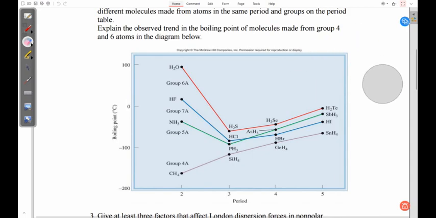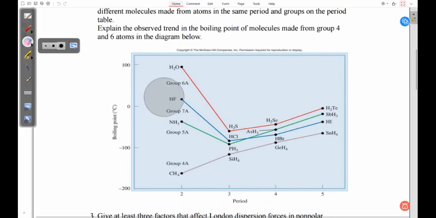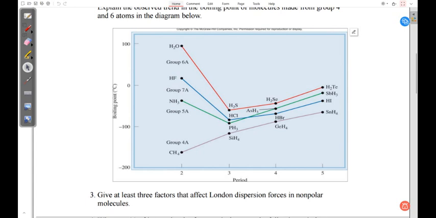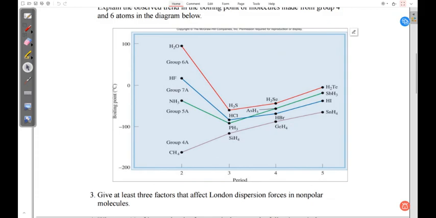That's why as you go down the group, because this is on top and then you are going down the group, you expect that the LDFs will begin to do what? To increase. Because if you check the next question, it's asking about the factors that affect the London dispersion forces, among which is the size of the molecule.